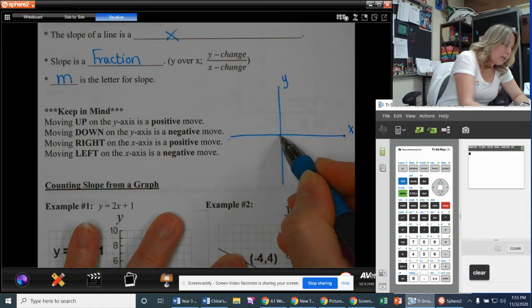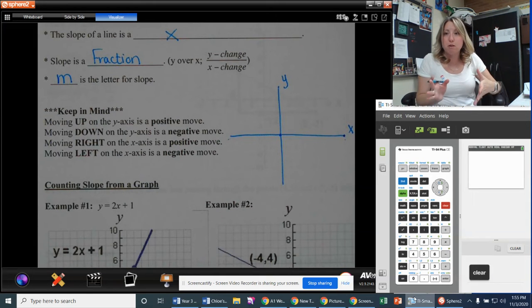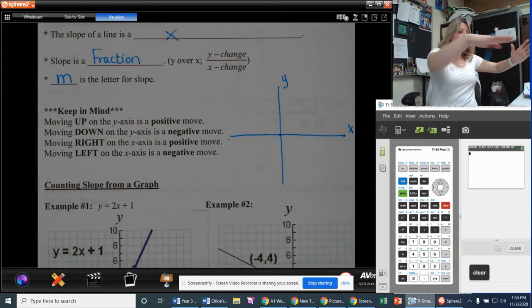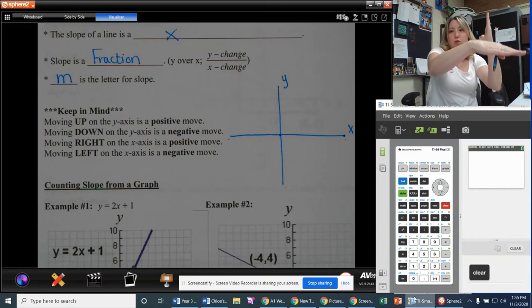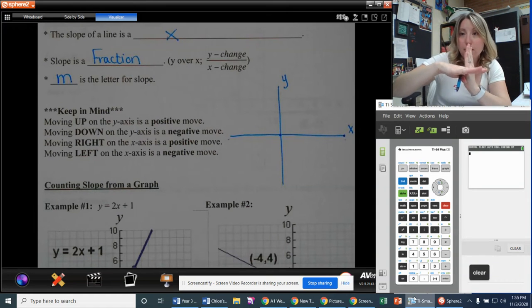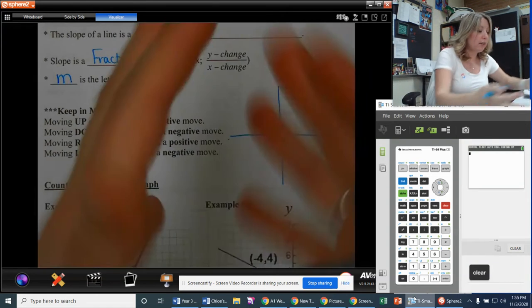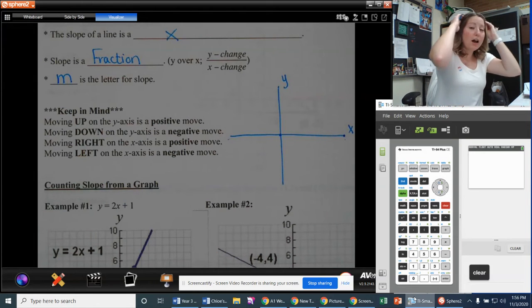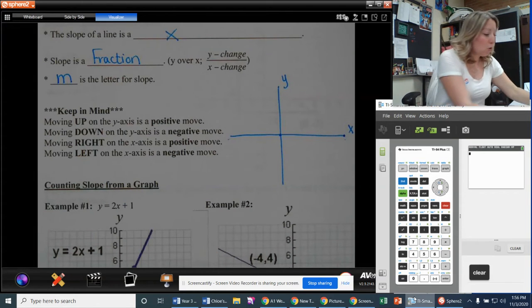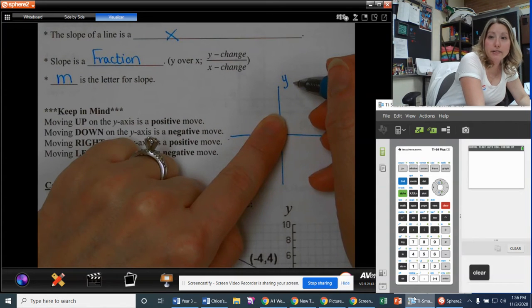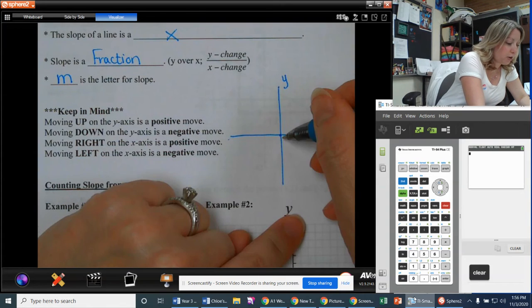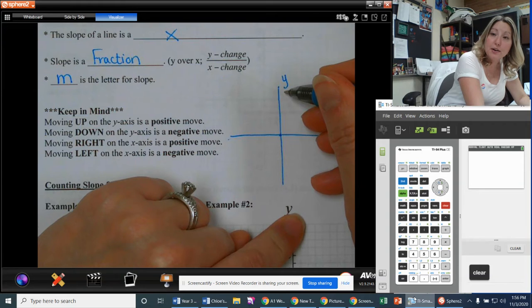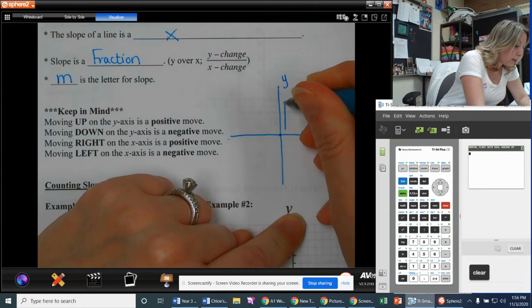Remember, you are basically taking two different number lines and keeping one horizontal, making one vertical, and lining them up at their zeros. That's what you're doing to create this coordinate plane. So they're lined up at their zeros, right? Well, up here for the y's, this is the positive area. So when you're moving up for y, you're moving positively.